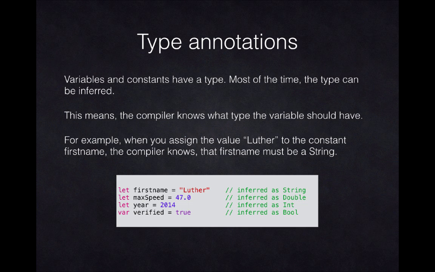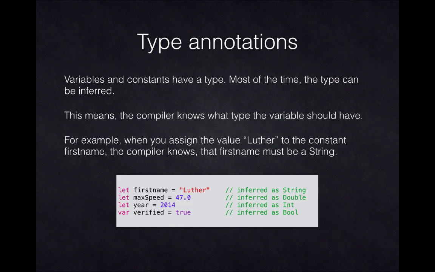Type annotations. Variables and constants have a type, and most of the time the type can be inferred. That means the compiler knows what type the variable should have. For example, when you assign the value Luther to the constant first name, the compiler knows that first name must be a string.